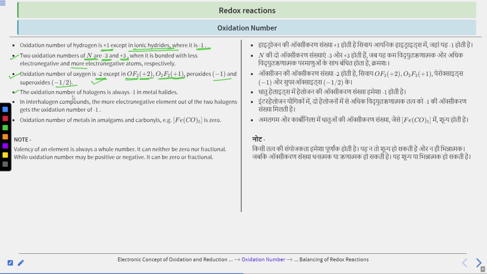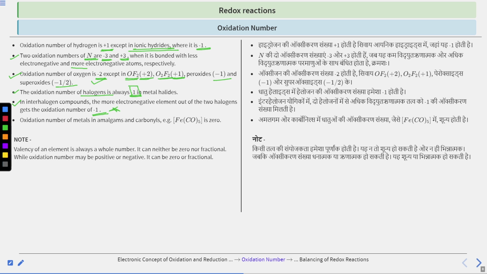Next, the oxidation number of halogens is always -1 in metal halides. Halogens means group 17 elements. Next, in interhalogen compounds, the more electronegative element out of the two halogens gets the oxidation number of -1.